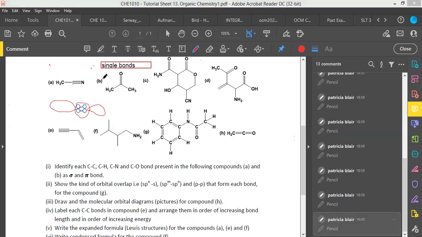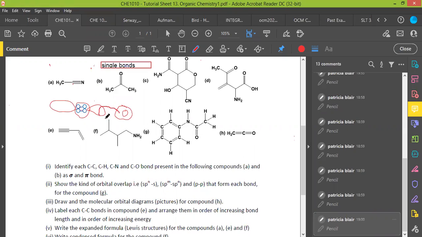So these two lobes that we have here are the sp hybrids. This is the sp hybrid, and that is the sp hybrid. On the other side, you have the oxygen atom. You put your oxygen atom, and then you show the overlap.